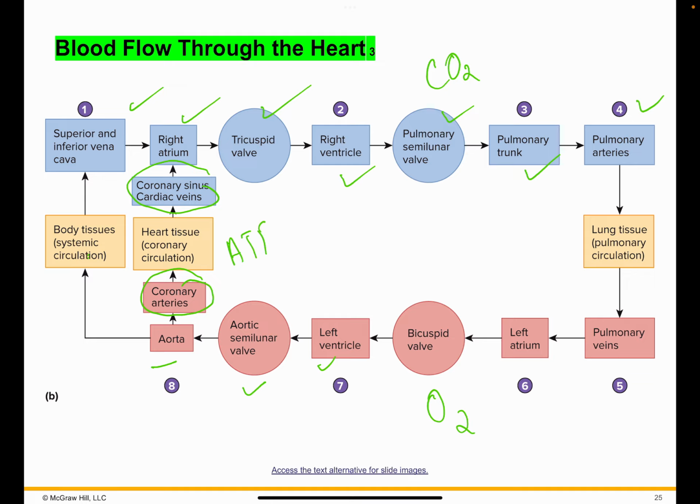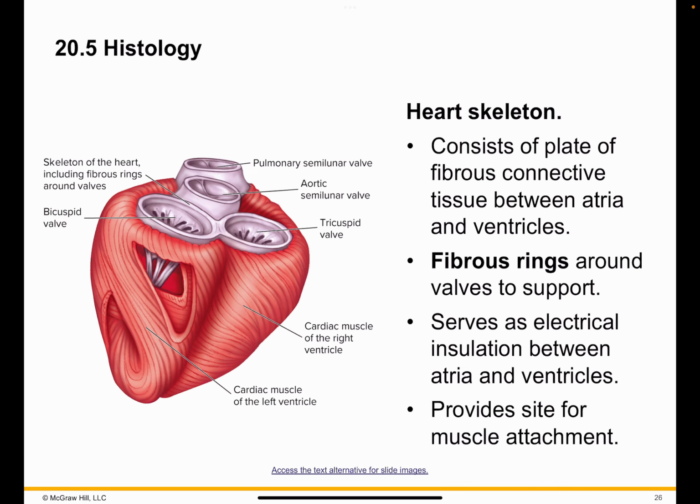ATP production. After they use oxygen, carbon dioxide enters the blood vessels, and the carbon dioxide-rich blood comes back to the right atrium. So that's the blood flow for systemic and pulmonary circulation. You can also see coronary circulation. Make sure you know this map, it is very important.